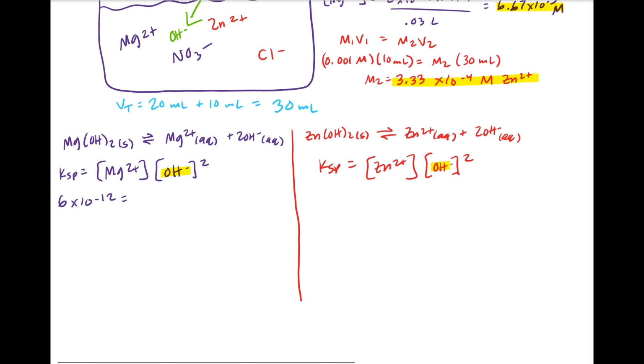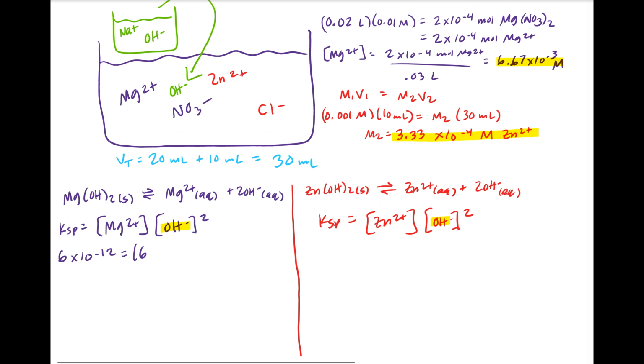We just solved for the magnesium concentration. That was 6.67 times 10 to the negative 3 molar. And we don't know the concentration of hydroxide. That becomes our unknown. Okay, so let's solve for the concentration of hydroxide.